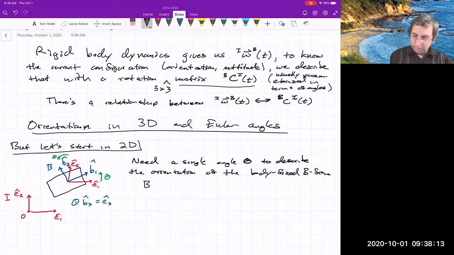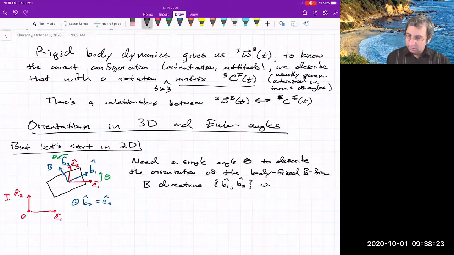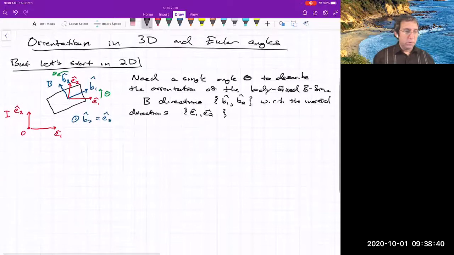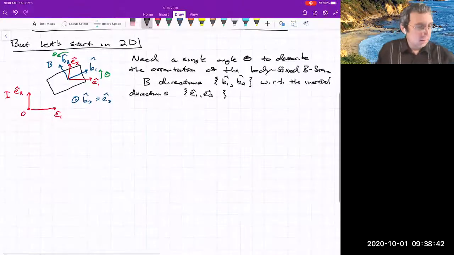That means we're trying to just describe how the B directions, in this case, B1 and B2, with respect to the inertial directions, E1, E2. So how do we do this?